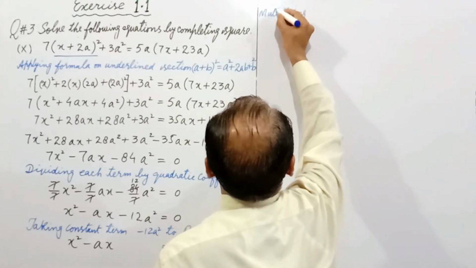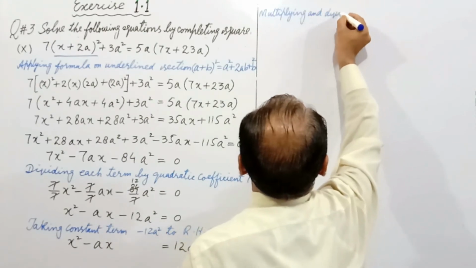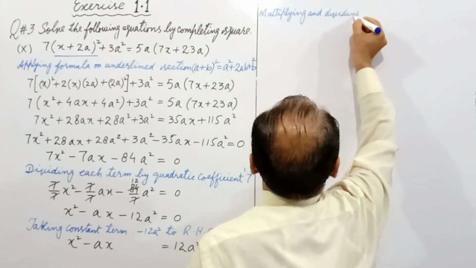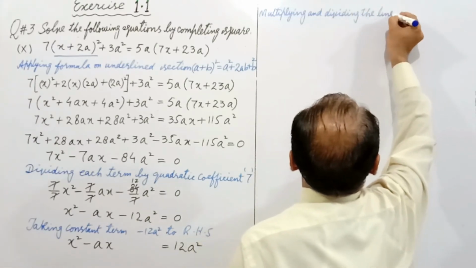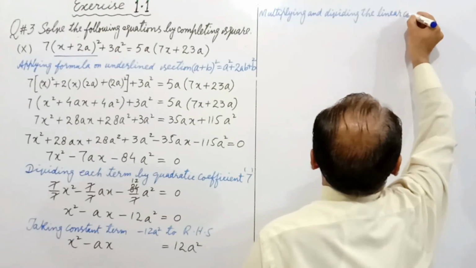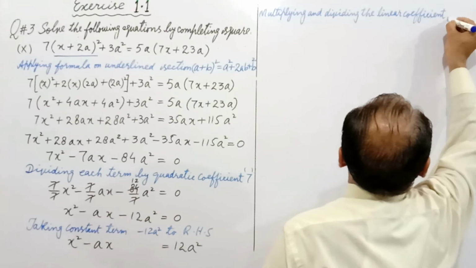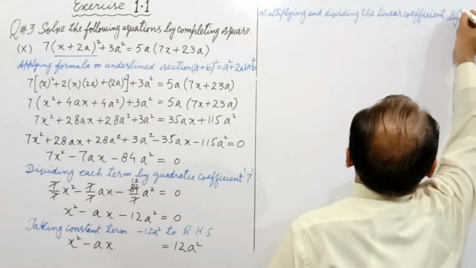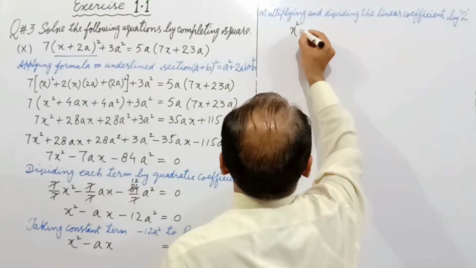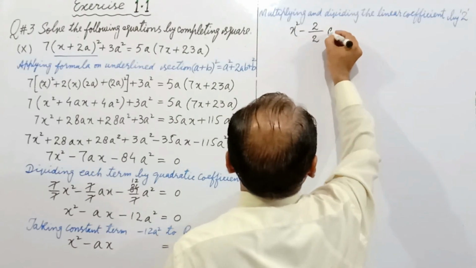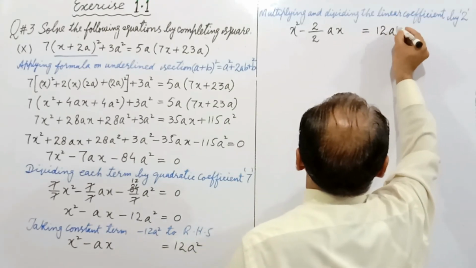Multiplying and dividing the linear coefficient by 2, we have x square minus 2 by 2 ax is equal to 12a square.